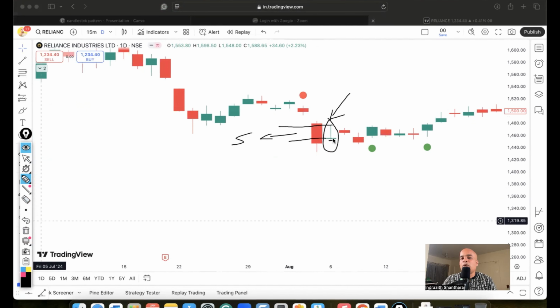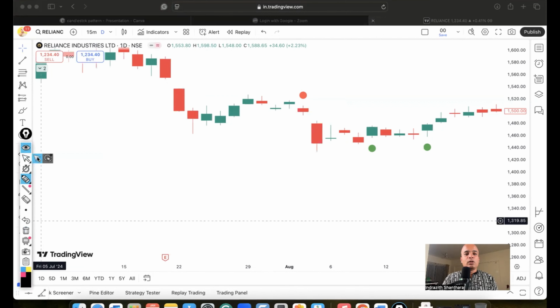Only here to here, this small part belongs to buying. So in the entire body of the candle, in the entire price range, the maximum area belongs to the sellers. Only this small part belongs to the buyers. So don't go with the color. Just because the candle is green, don't think it is a buying candle. This is how you should use it.